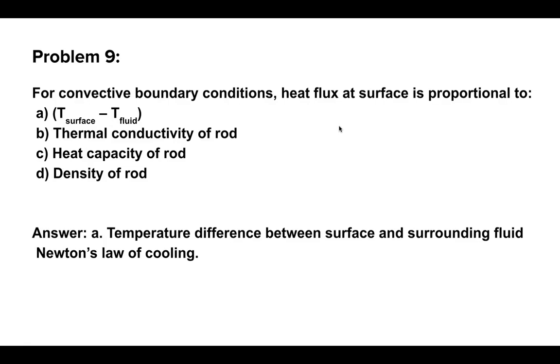For a convective boundary condition, the heat flux is proportional to the temperature difference between the surface and the fluid, which is basically the surrounding, whether it is a fluid or air, whatever it is. So it is the temperature difference between the surface and the surrounding fluid. This is Newton's law of cooling. So option A, T surface minus T fluid, is what drives the convection.